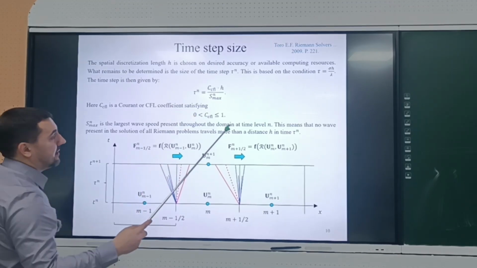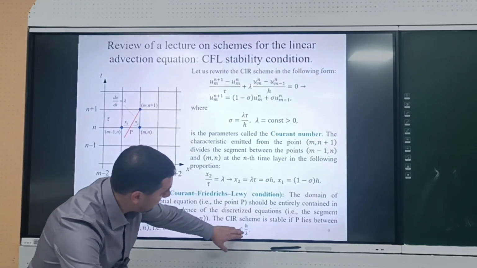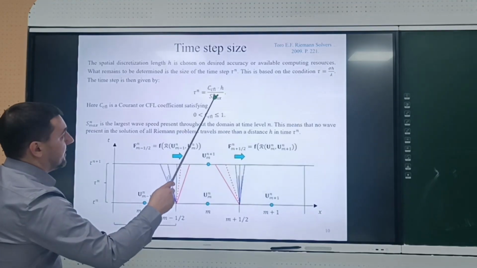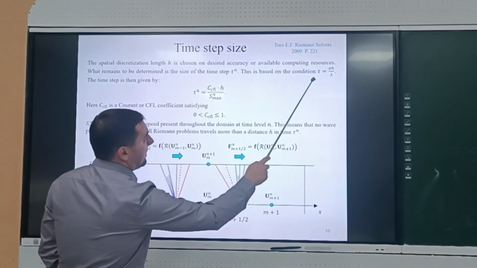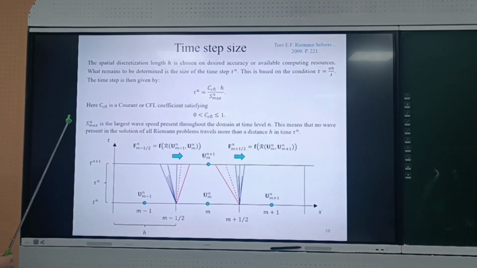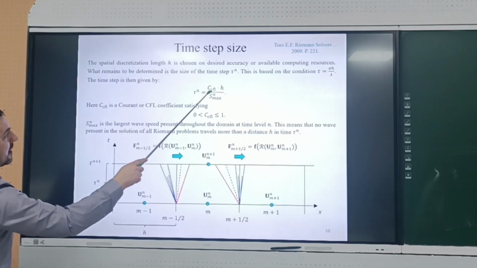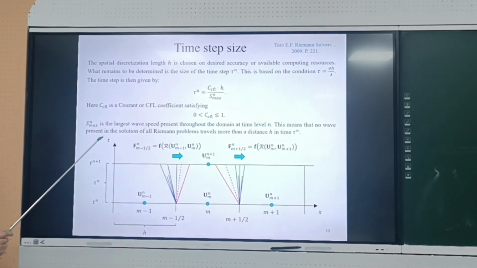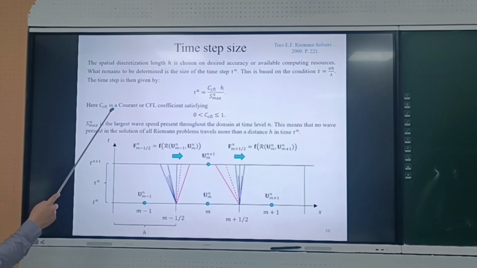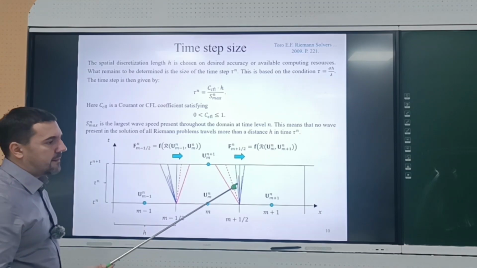So again, let's use this condition. Let's try to obtain the generalization of this condition. For the linear advection equation, we had tau equals sigma h over lambda. For the Euler equations, we have C_CFL times h over S_n max. Here, C_CFL is the Courant or CFL coefficient or safety factor. It's a parameter between 0 and 1.